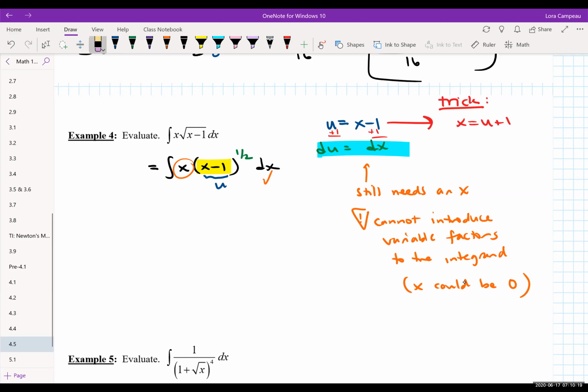And like I said, that's what happens when you integrate sometimes. You go down a path that leads you to a dead end, and then you try something else. It'll get you used to calculus too. So we're going to look at this a little differently, and we now have a substitution for x. So instead of x, I'm changing it to u plus 1.